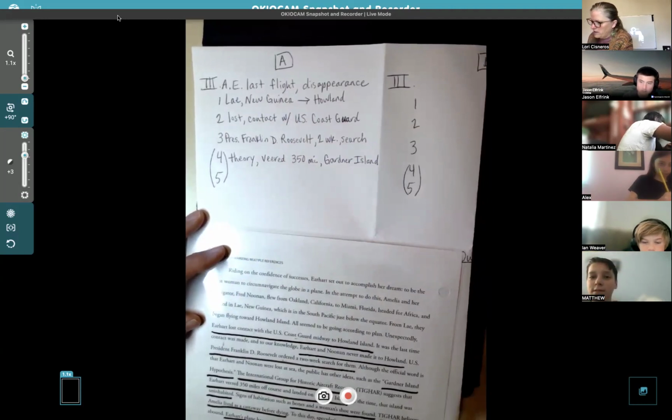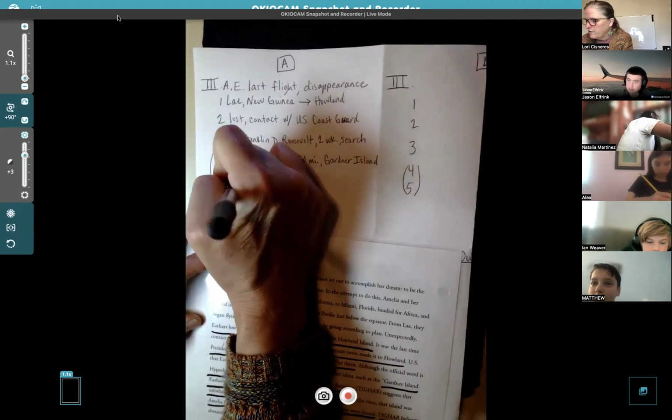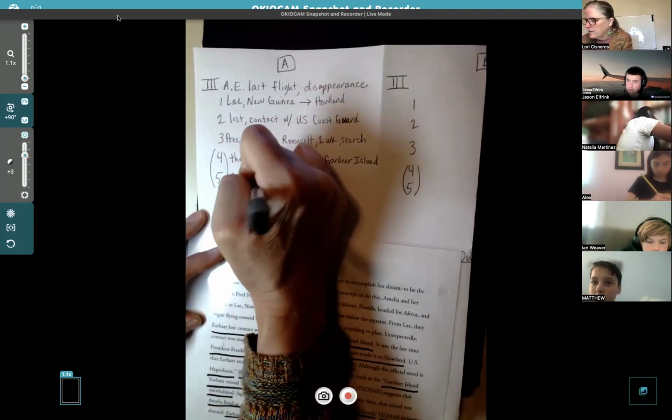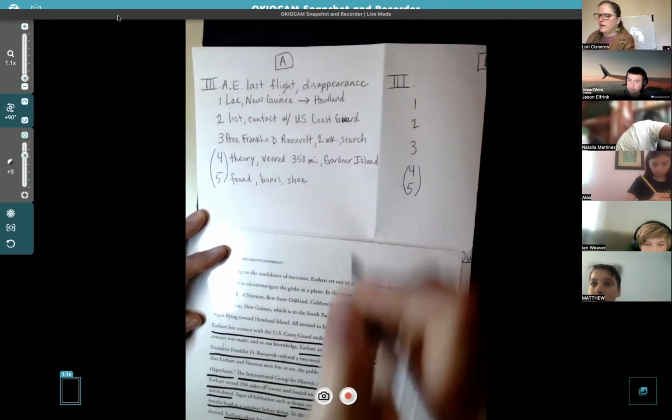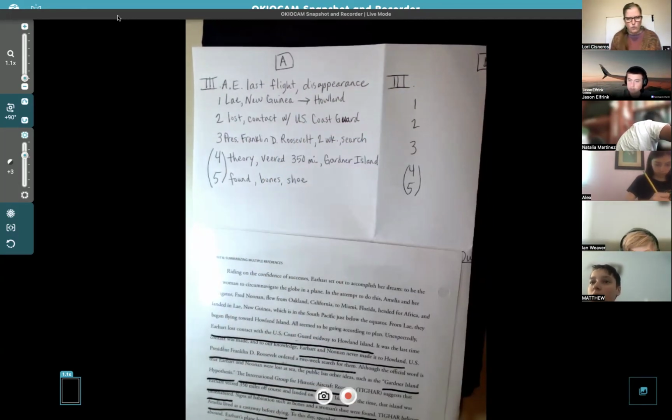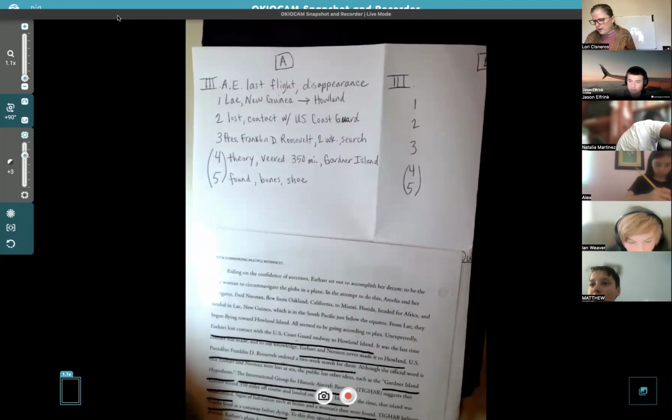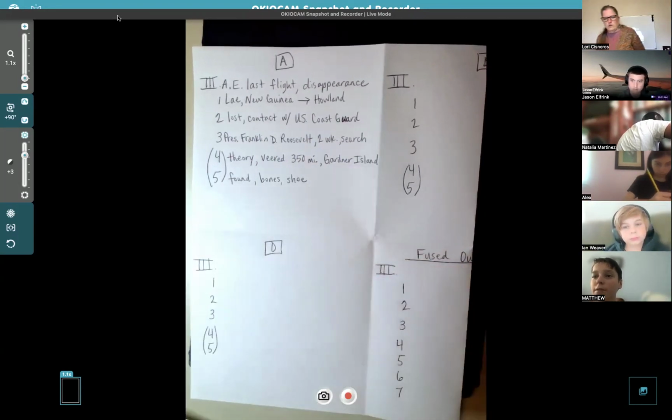And then I'm going to mention, I know I have 5 here. You don't have to have 5, but I think this is good stuff. They found bones in a woman's shoe. I'm just going to put found bones and shoe for my last one. You guys can copy that if you want, or if you want to put it your own way.